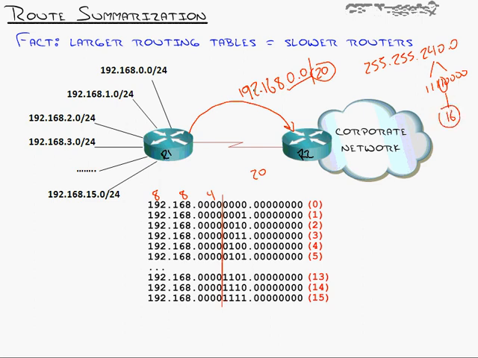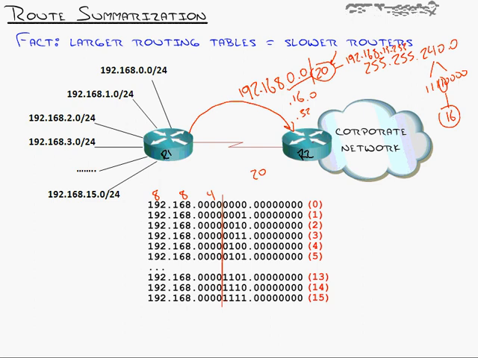So if I were to take 192.168.0.0 and reverse engineer this to find out what my network ranges are, the first one would be 192.168.0.0, the second would be 16.0, 32.0, and so on. So a /20 represents 192.168.0.0 through 192.168.15.255, perfectly encompassing all of these routes that I have behind router 1.